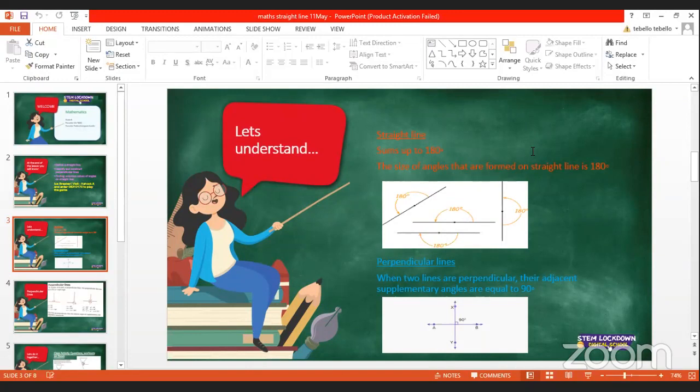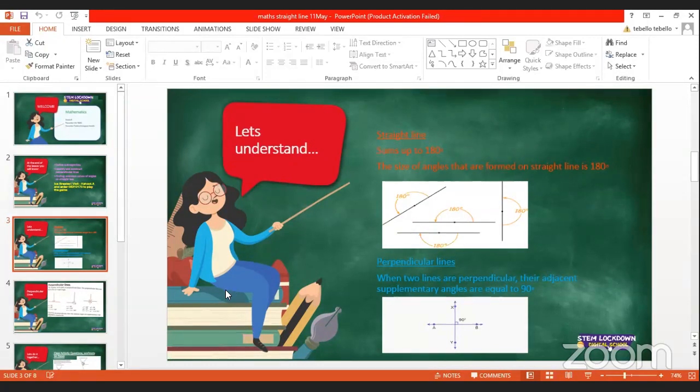When two lines are perpendicular, their adjacent supplementary angles equal 90 degrees. So a perpendicular line basically forms a right angle. When you form your perpendicular line, you will need your protractor so that it can be accurate.